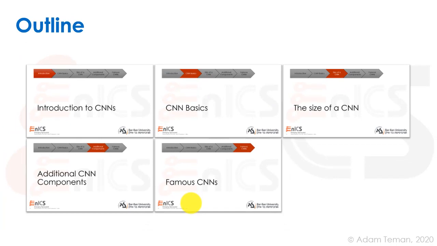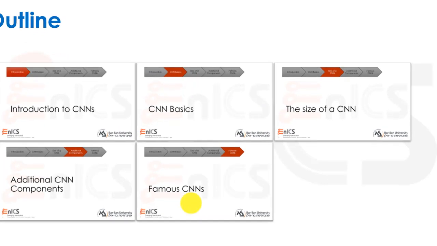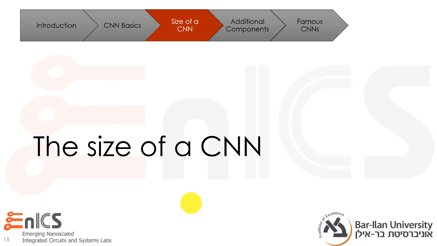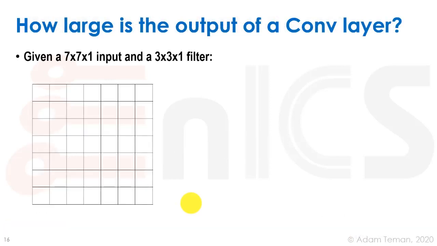So going from CNN basics, now we'll look at the size of a CNN and see how much actual computation and storage we'll need for one of these. So let's start with the output of a convolutional layer. We have this 7 by 7 by 1 input just for the example, and we have a 3 by 3 by 1 filter. For the convolution, we take our filter and put it on the input, and we do a dot product.